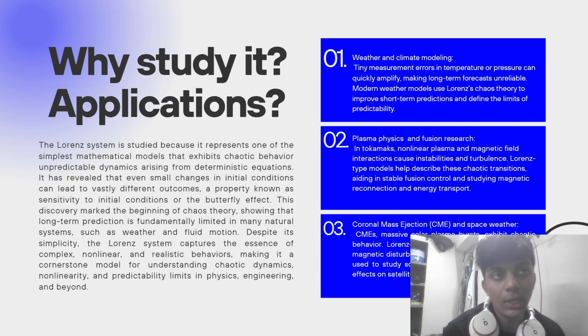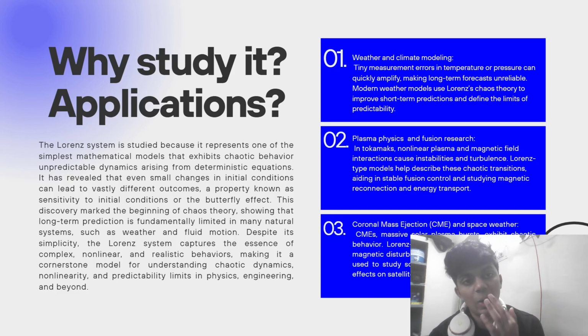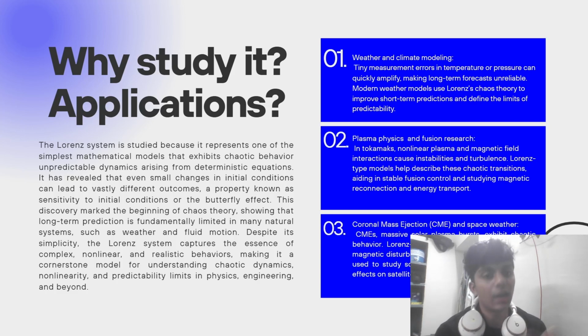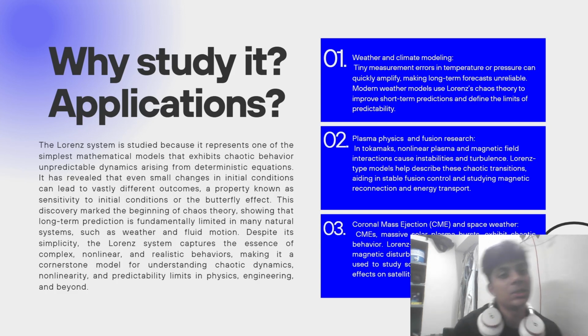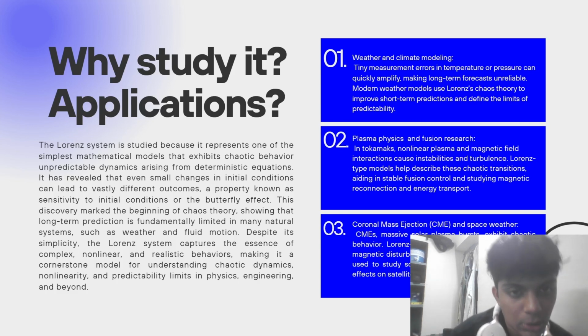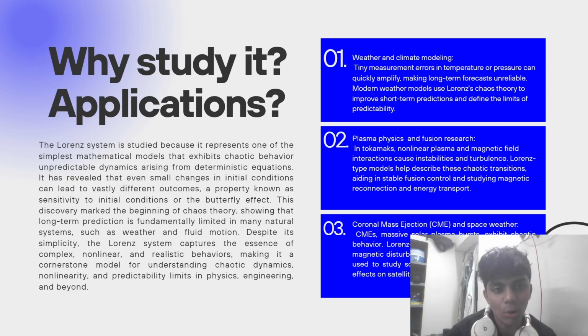One of the applications is weather and climate modeling. Tiny measurement errors in temperature or pressure can quickly amplify, making long-term forecasts unreliable. Modern weather models use Lorenz's chaos theory to improve short-term predictions and define the limits of predictability.